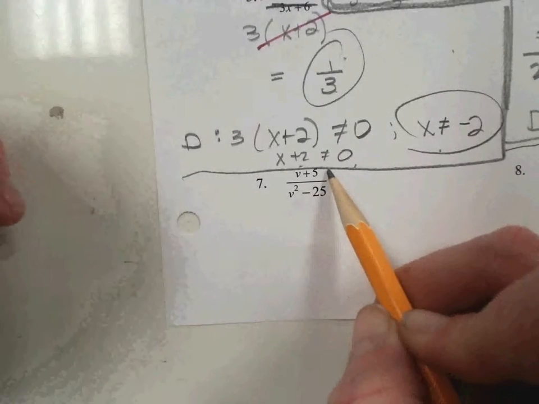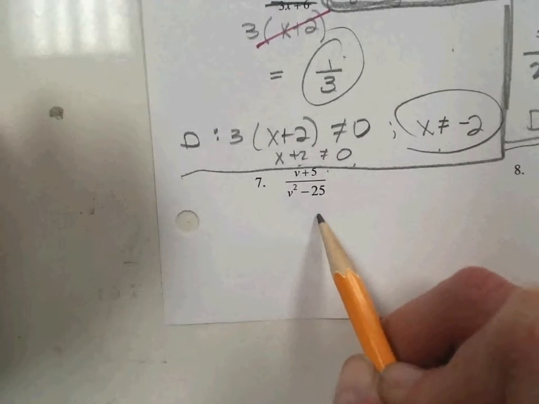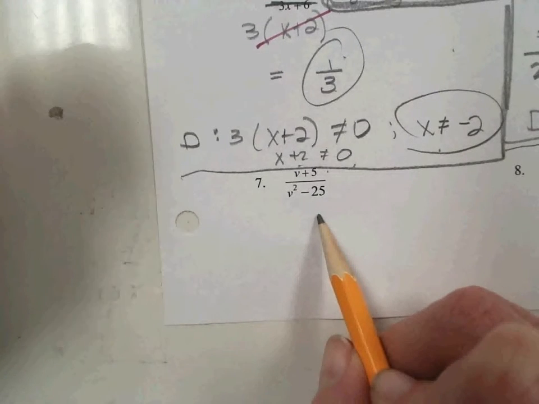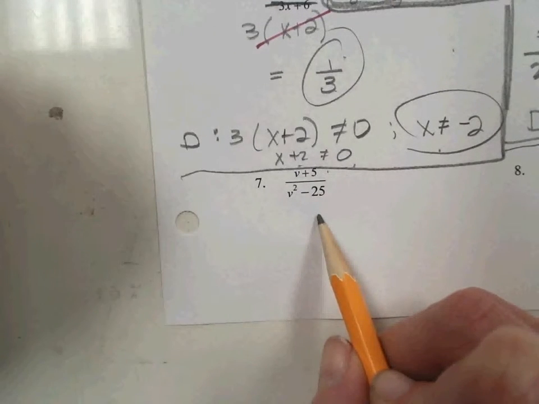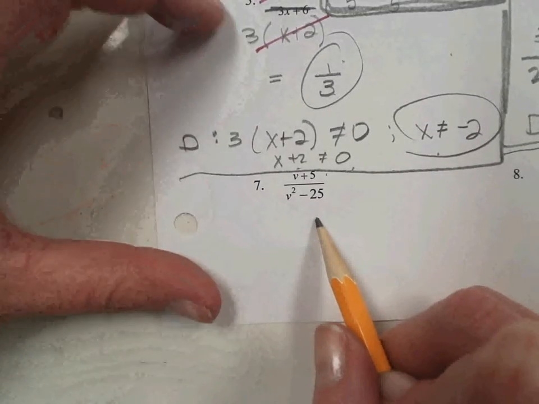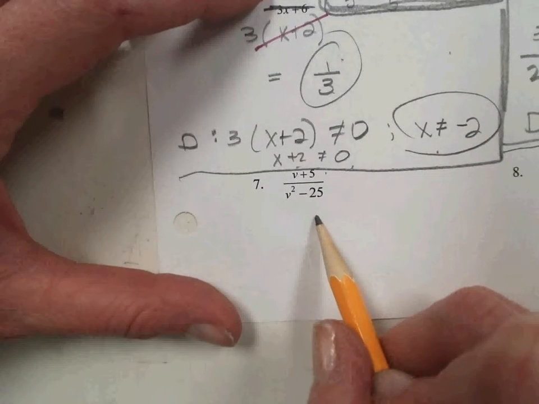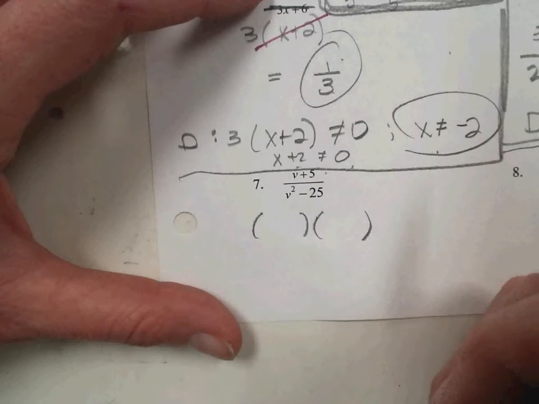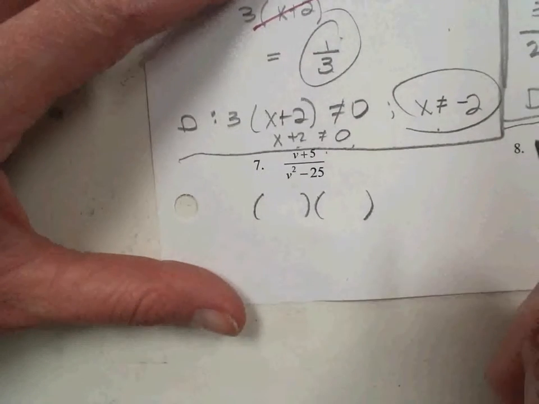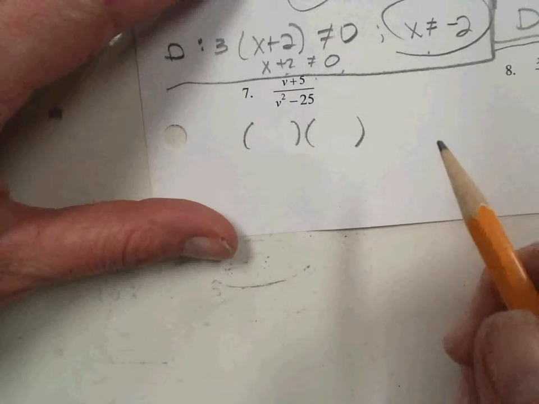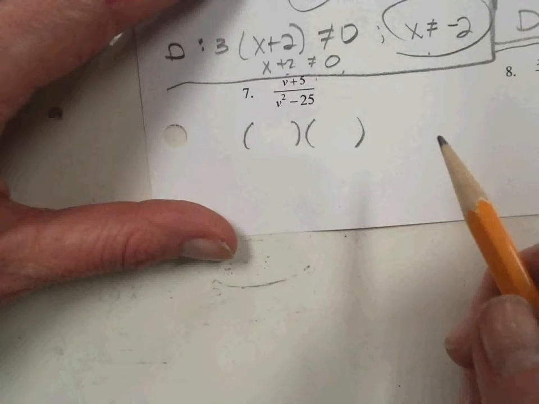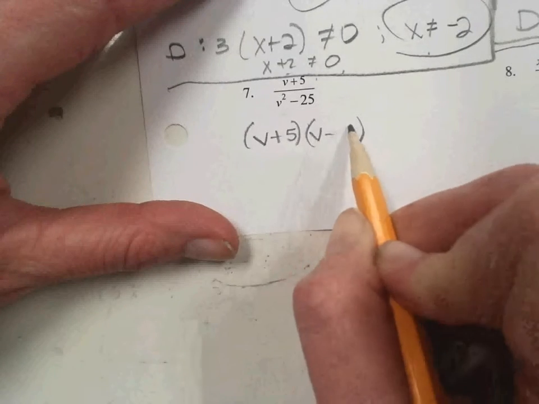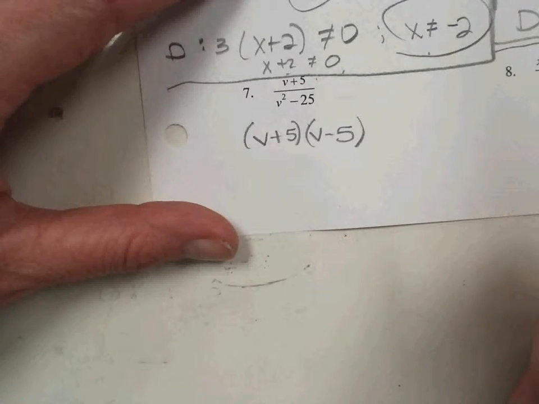Number 7. So v plus 5 cannot be factored, but v squared minus 25 is just like our last two on Friday that we factored. Valkyrie, do you remember how to factor v squared minus 25? Oh yeah, it's the perfect square. So it would be v plus 5 and v minus 5.